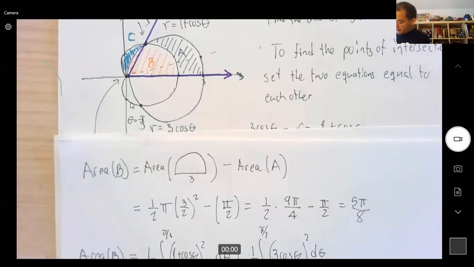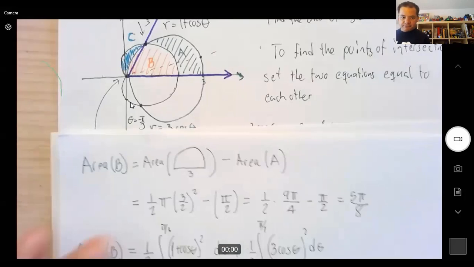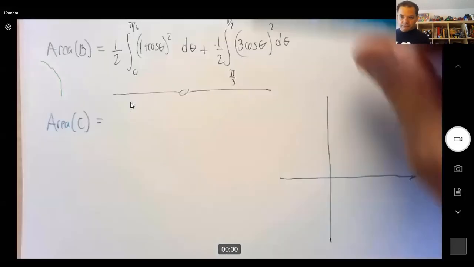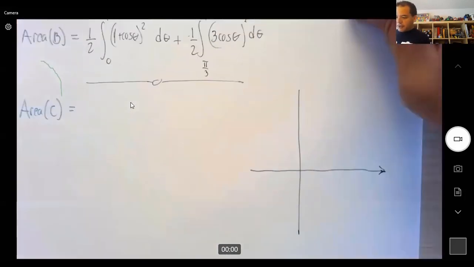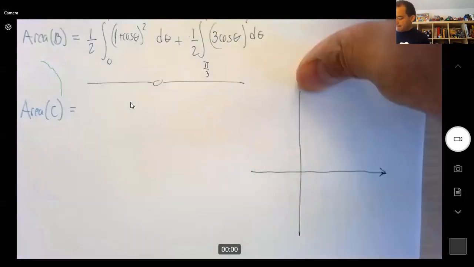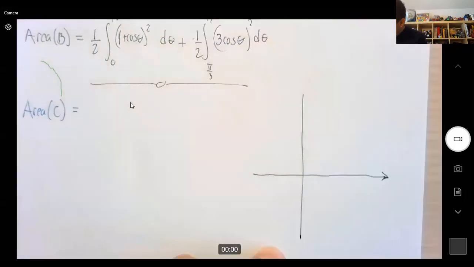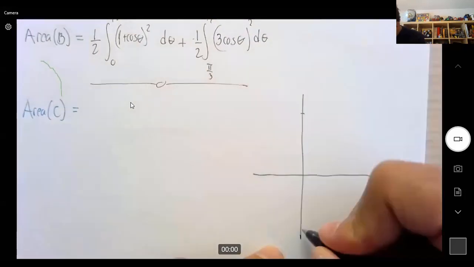Let me redo my picture so that we can look closely at that part. So we have our cardioid. I'm gonna make it bigger this time.